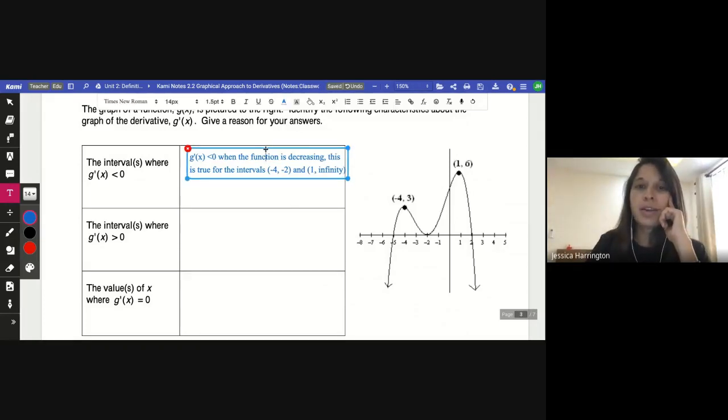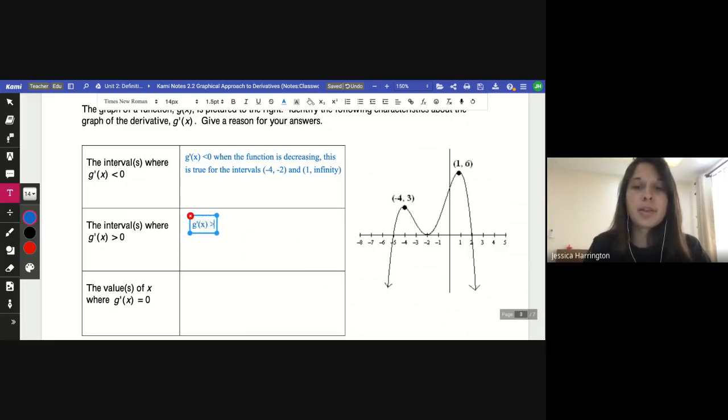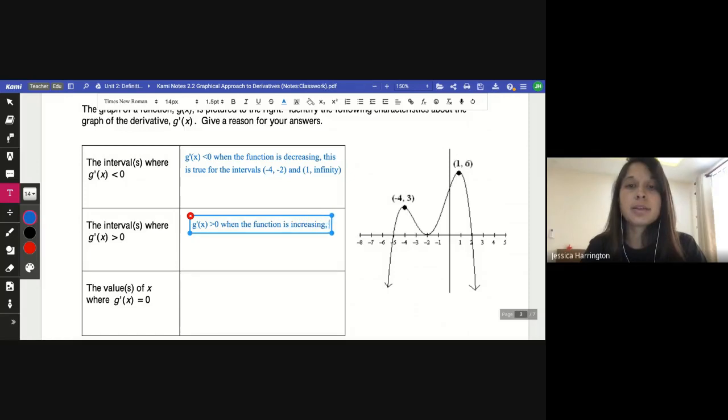Okay, so I know if I had to figure out where the derivative is negative, it's where the function is decreasing. Now if I have to find where the function is increasing, it's going to be the opposite of that, right? So g prime of x is greater than 0 when the function is increasing.